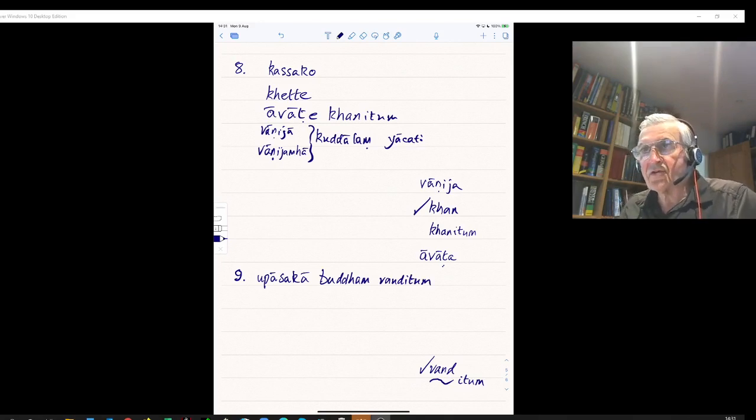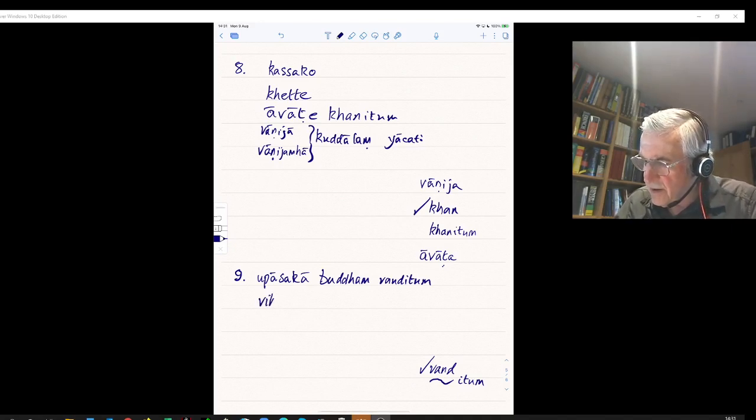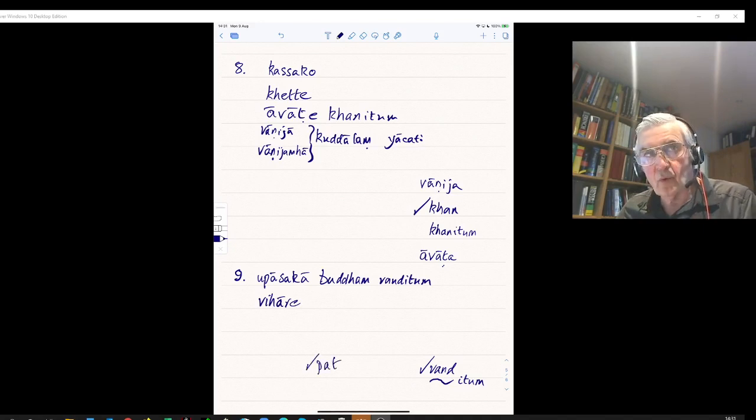Assemble in the monastery. So in the monastery, vihara, in the monastery, vihare, of course. And they assemble. Now we have the root pat, meaning to fall. Nipat is to fall or to fly. Oddly enough, it has both meanings.